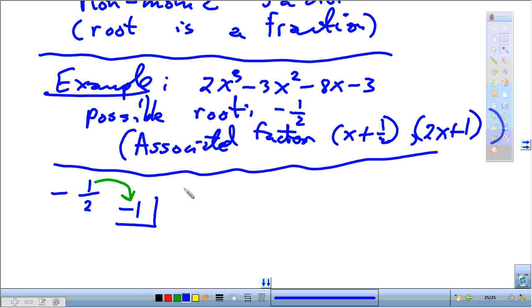Now, as I did before, I'll list the coefficients of the polynomial. So 2, minus 3, and minus 8, and then on to minus 3. But now I'll modify.